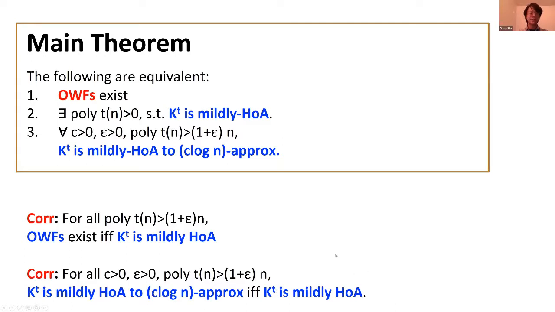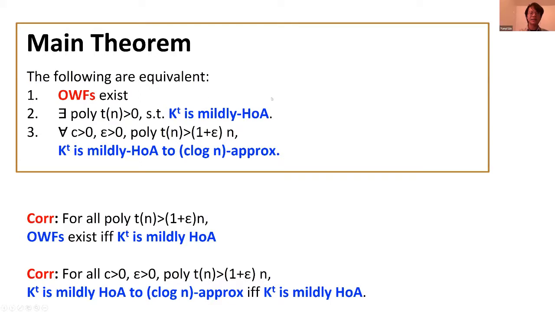So let me briefly mention how our proof works. We start from KT is mildly hard on average, and then we show the existence of one-way functions, and this is just a direct construction. Then, starting from the existence of one-way functions, we construct an object called entropy preserving PRG. It's a new notion, and the classic construction of pseudorandom generator does not satisfy the entropy preserving property.